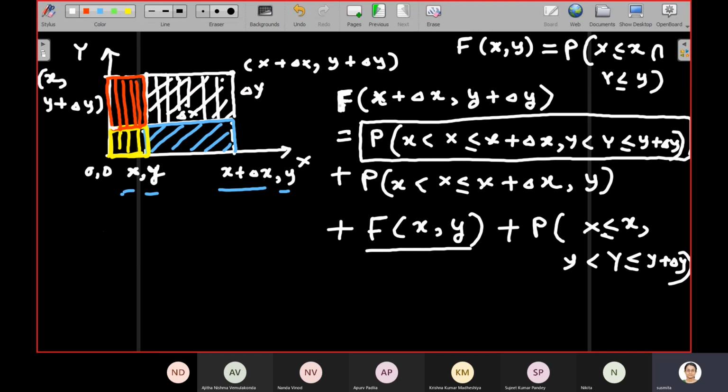All we need to do is to express these two probabilities in terms of F. Now here you see this is the probability that capital X is within x and x plus delta x, and capital Y does not change along this direction. So how can we express this term? If we can do this, the same we can do for this probability also.